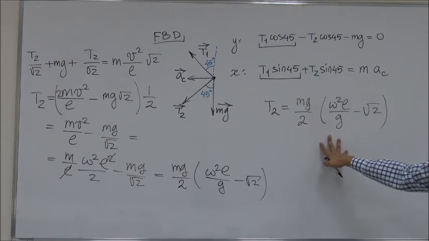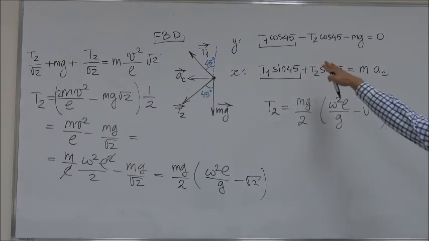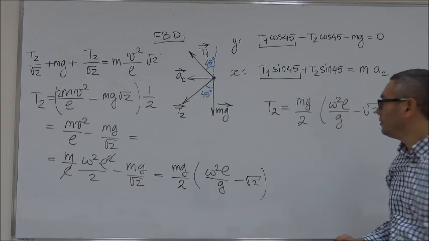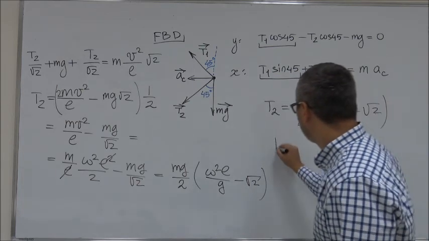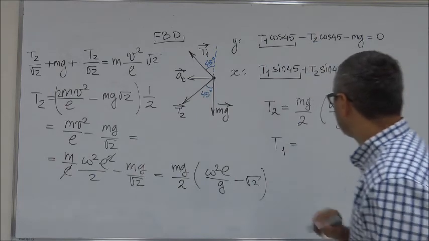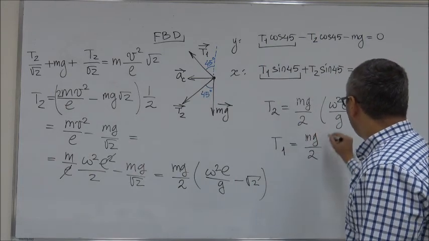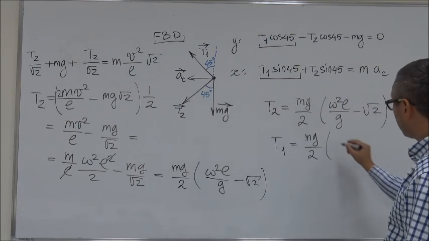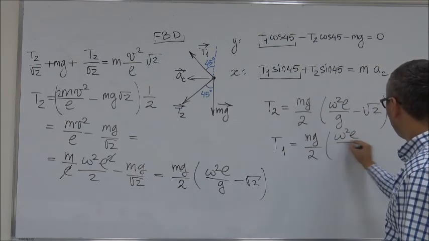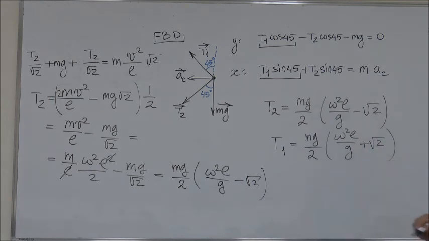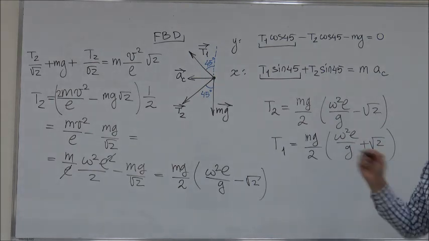Now, when you know tension 2, you can calculate tension 1, for example, from this equation. I'm going to leave this up to you because this is just algebra, there is no physics involved. And I will just write down the final answer, which happens to be T1 equals mg over 2 times omega squared L over g plus square root 2. So symmetric to it. And that's the final answer.